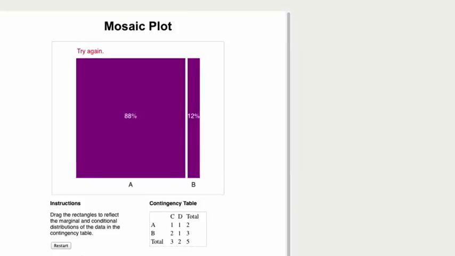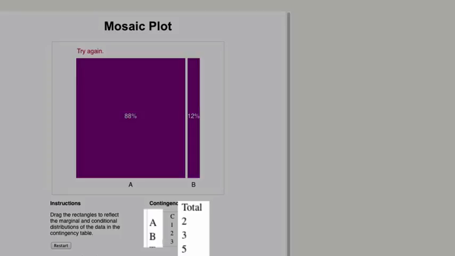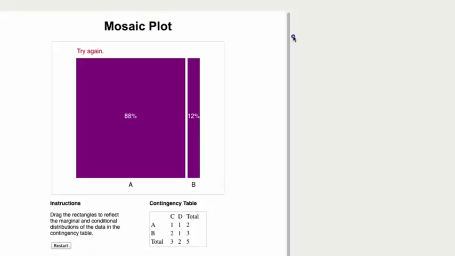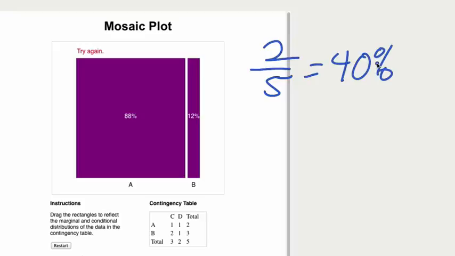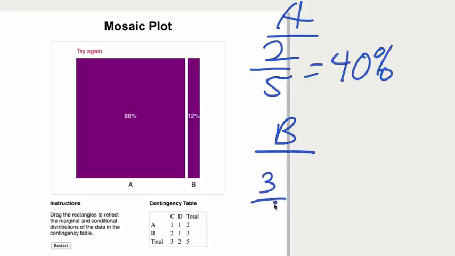Alright, let's figure out how we should drag this plot to represent the marginal distribution of A and B. We know that out of 5 units, 2 of them are in A and 3 of them are in B. That means A represents 2 out of 5, or 40% of the population, and B represents 3 out of 5, or 60%.